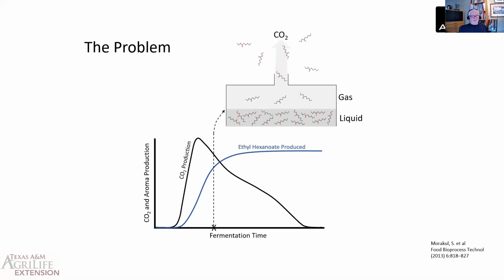So the loss of aroma slows as we go toward the end of fermentation because of these changes in what's called the wine matrix, the juice matrix, the composition of the juice.